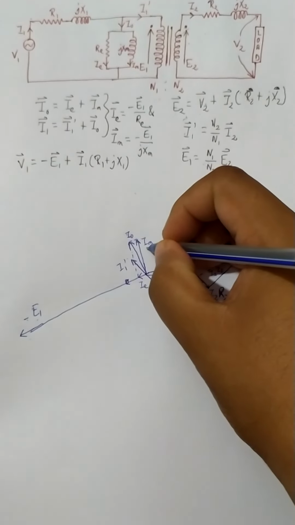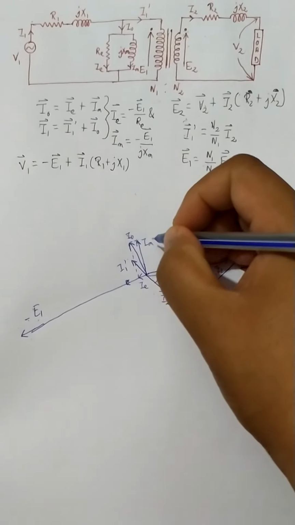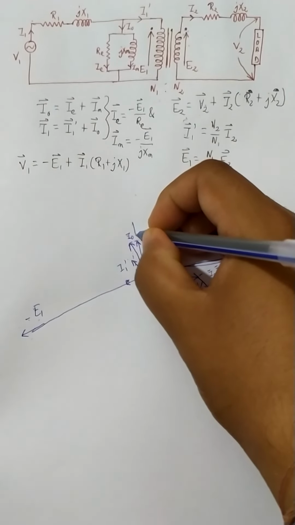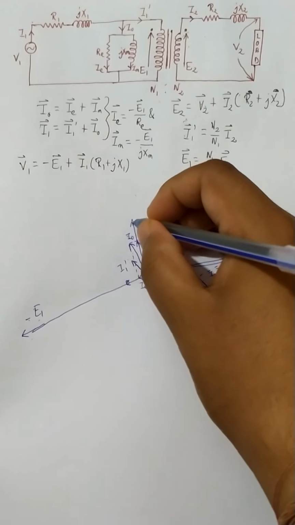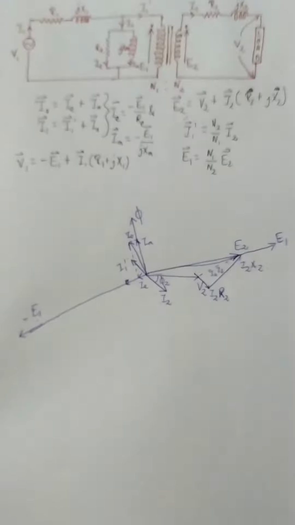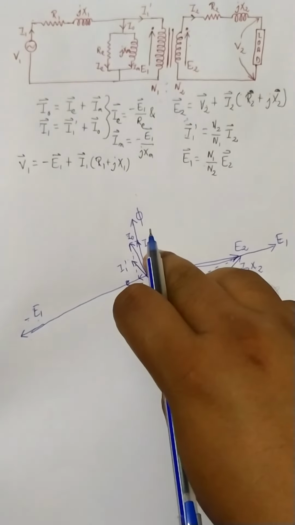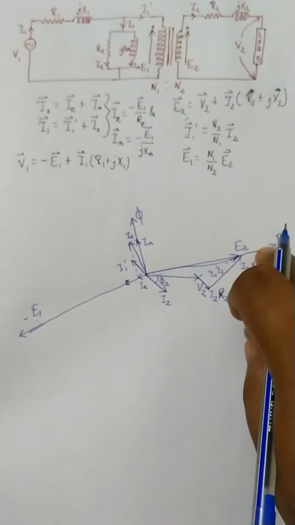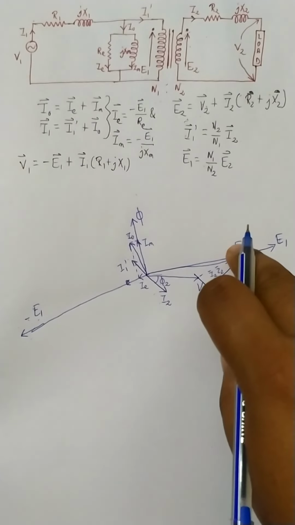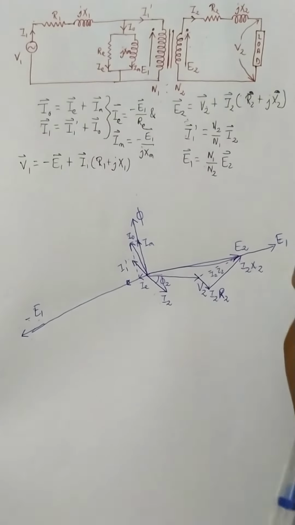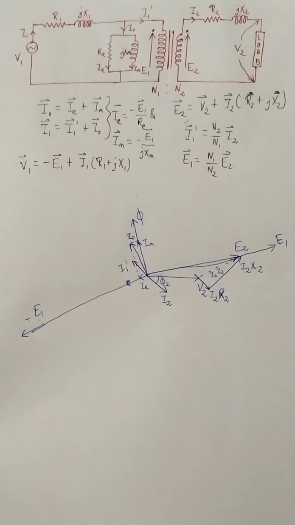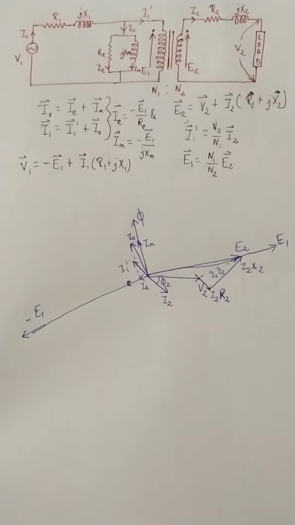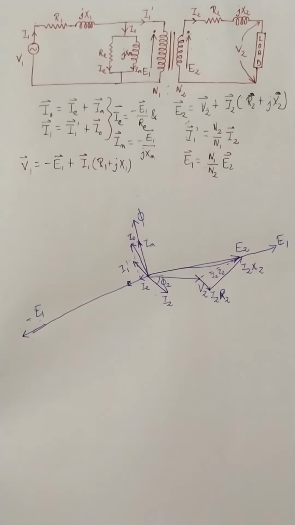Now IM is the magnetizing current, so the flux produced by it should be in phase with it. So flux will be in phase with IM. And you can see that the flux is actually leading E1 and E2 by 90 degrees, because there is some differential operation there, due to which there is the 90 degree phase shift.